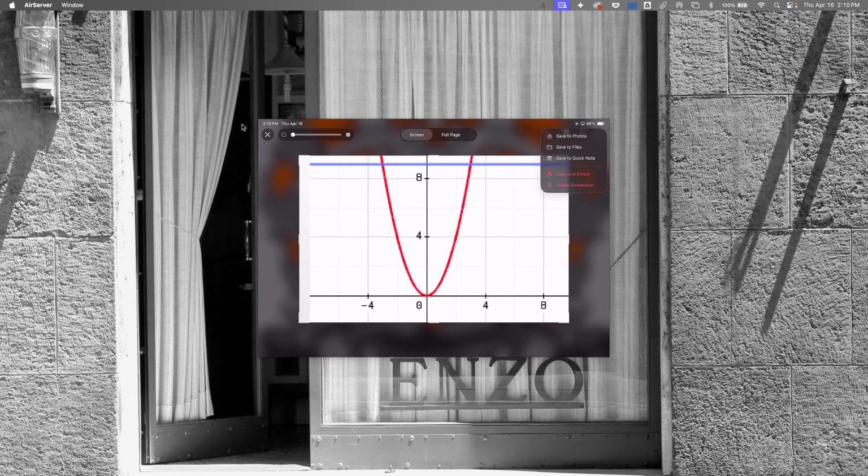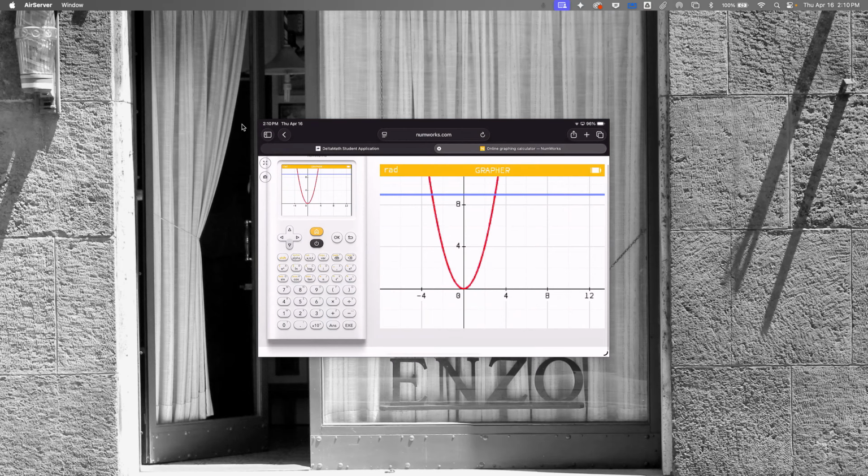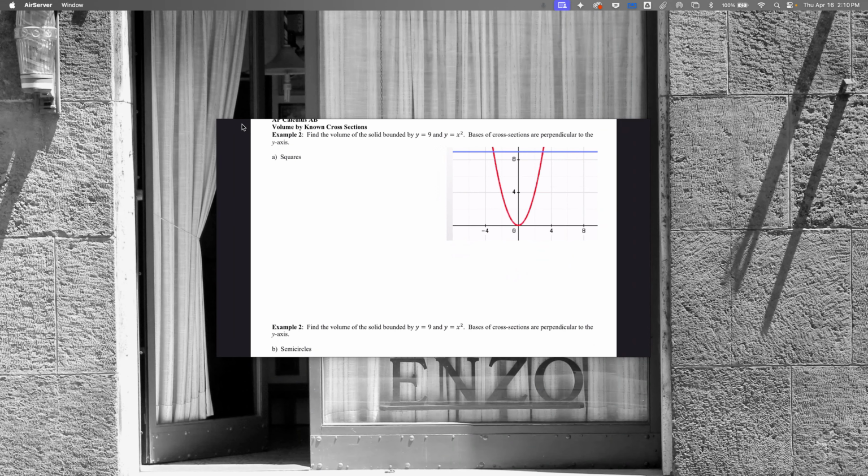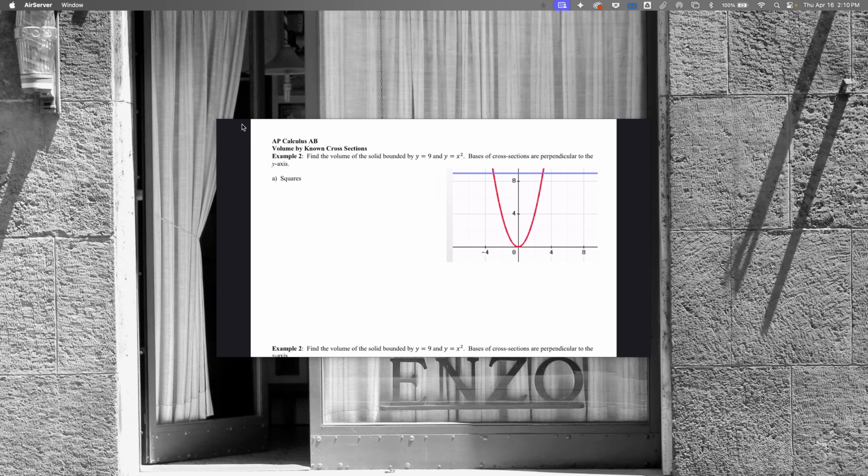All right, so this is the one we're going to use for the next 2 problems. So the bounded area, I'm going to use a lighter color, is right there.